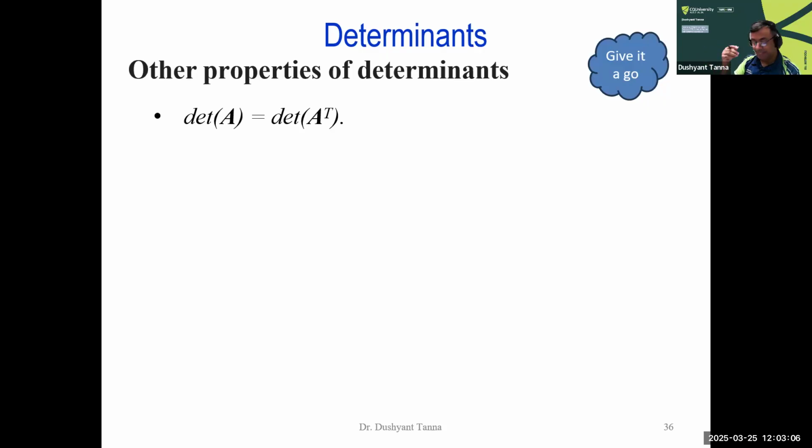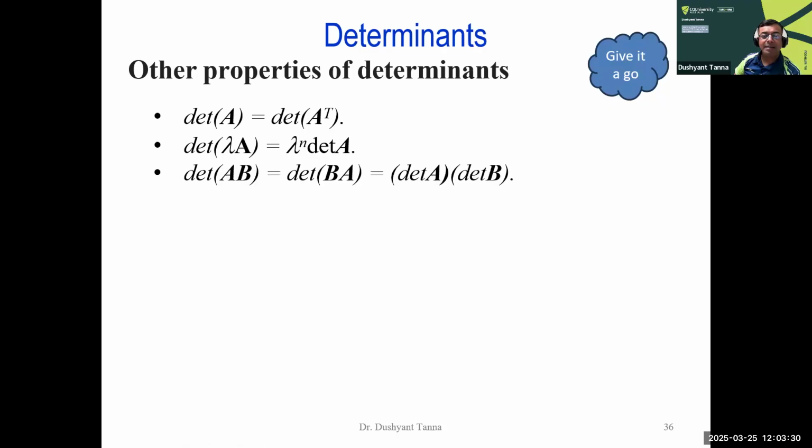Obtain its transpose and obtain both of the determinants, and they should be the same. If all rows are multiplied with a factor called lambda, then if you bring it out, it becomes lambda to the power n, where n is either 3 or 4, whatever the order of the square matrix is.